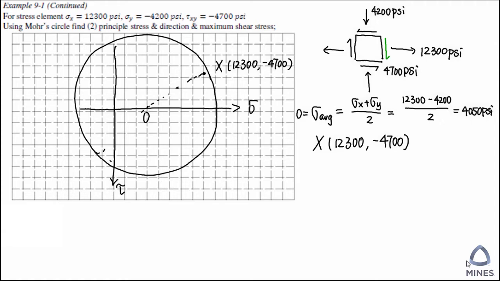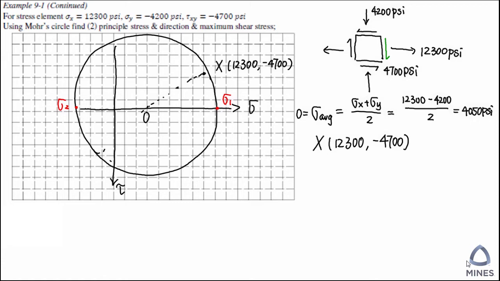Now on the Mohr circle, we need to find the principal stresses, which means we need to find sigma 1, which is the maximal, and sigma 2, which is the minimal normal stress. We also need to find the maximal shear stress later. Now take a look at this picture.